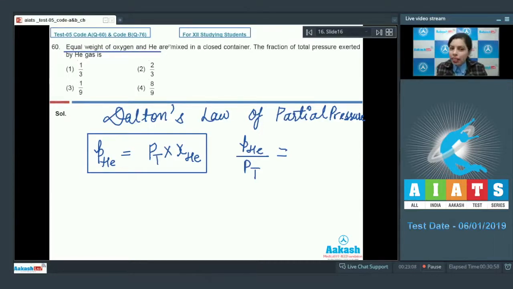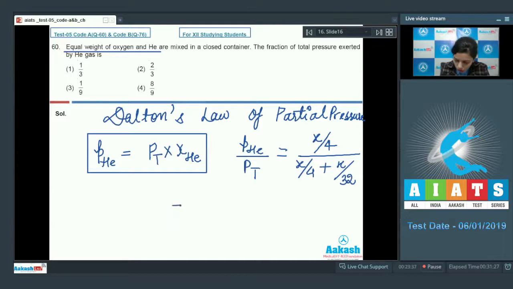It means in the mixture there are only two gases, so let's assume that the moles of helium that we need to find out, and equal weight we are taking, let's assume that X gram of both oxygen and helium are taken. So X divided by the molar mass of helium, because we need to find out the moles, divided by X by 4 plus X by 32, the molar mass of oxygen.